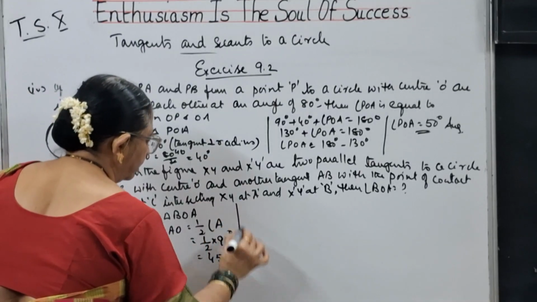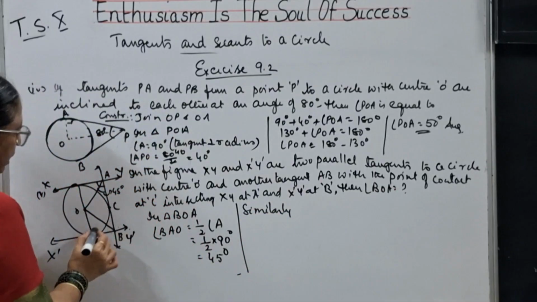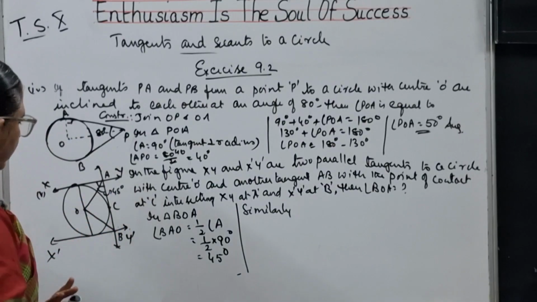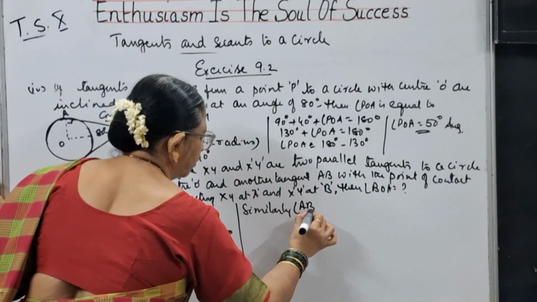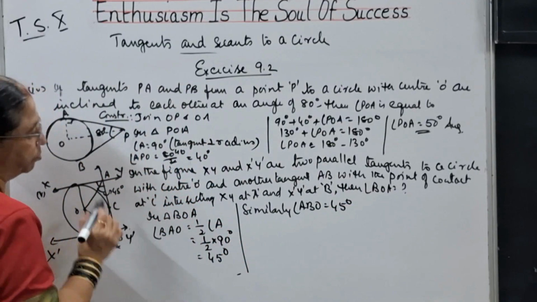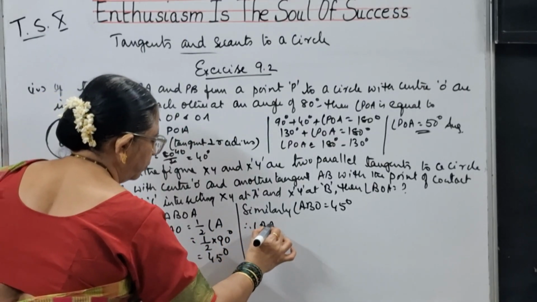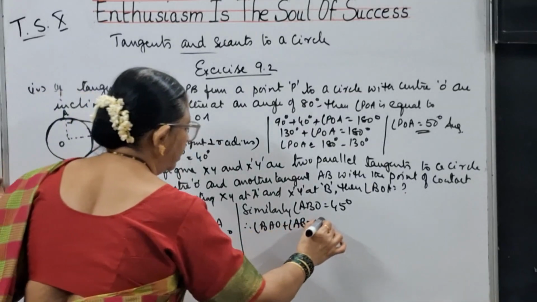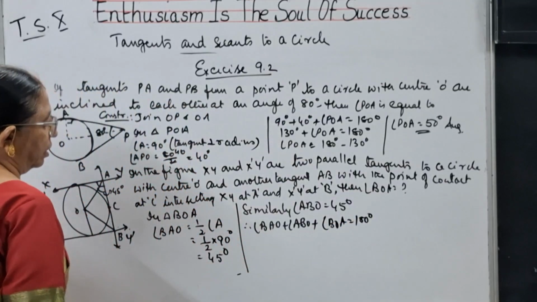Similarly, we have got angle BAO, and angle ABO is equal to 45 degrees, because the same proof applies. So angle BAO plus angle ABO plus angle BOA is equal to 180 degrees, because they are angles in the triangle.